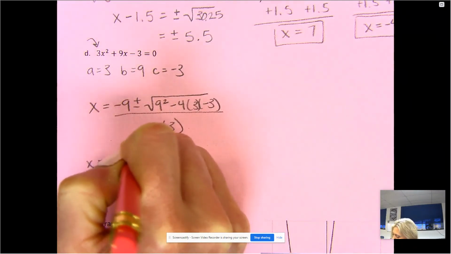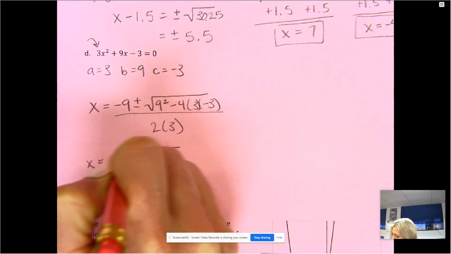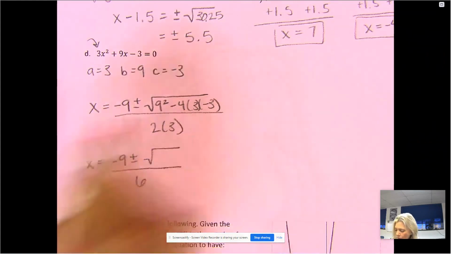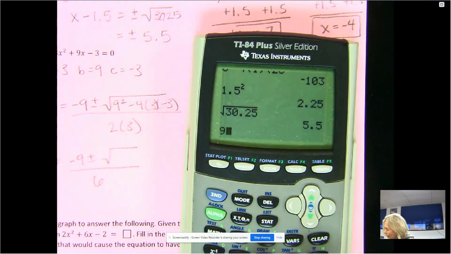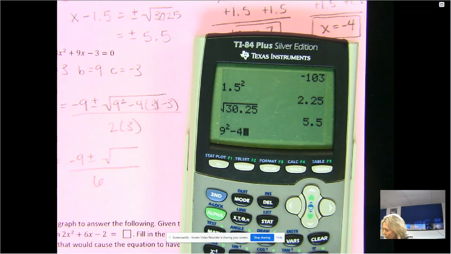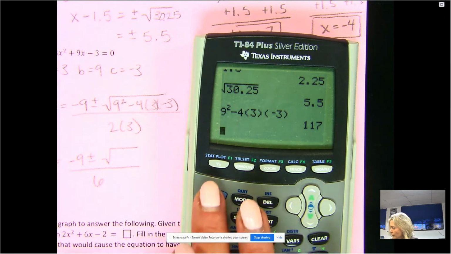So negative 9 plus or minus the square root of something over 6. So I'm going to evaluate 9 squared minus 4 times 3 times negative 3, and I get 117.